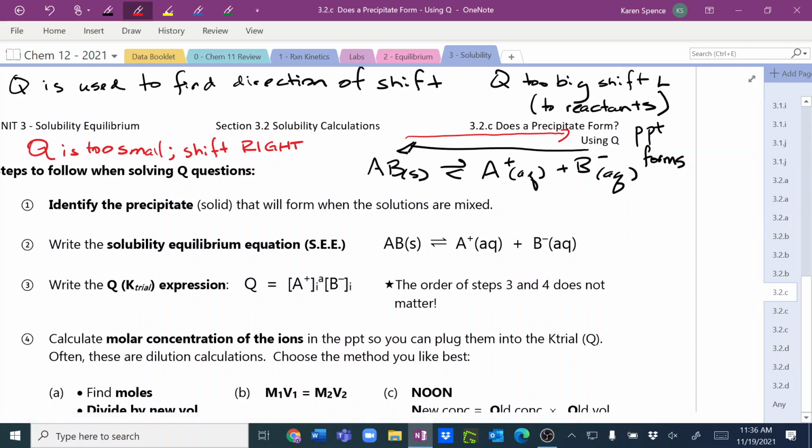No. Basically, we're not even shifting to the right, because when we mix these two things, there's no solid there to start with, because I'm taking one beaker that contains A plus and a different beaker that contains B minus. And I'm going to put them together and see, do I get a precipitate forming? If I have a big ion concentration, yes, I will get a precipitate forming. If it's not big enough, will I get a precipitate? No. Okay, and that's really all there is to it.